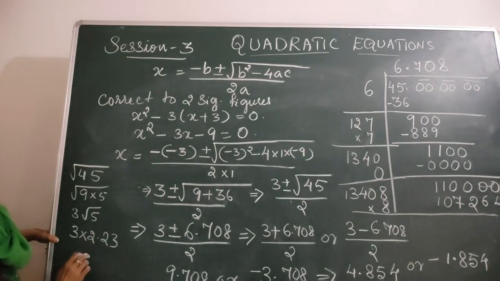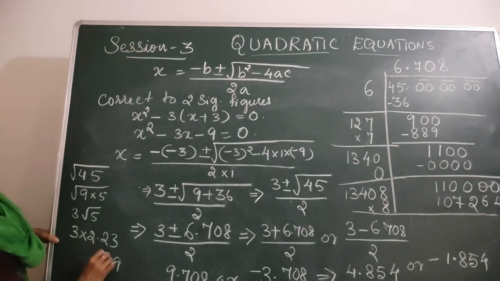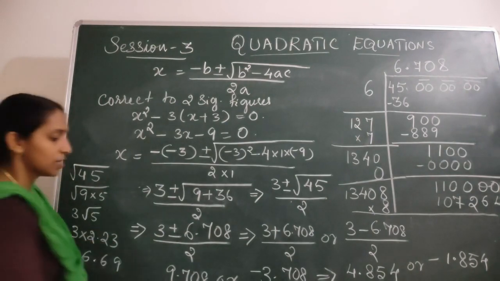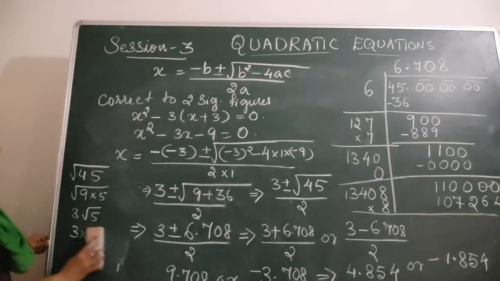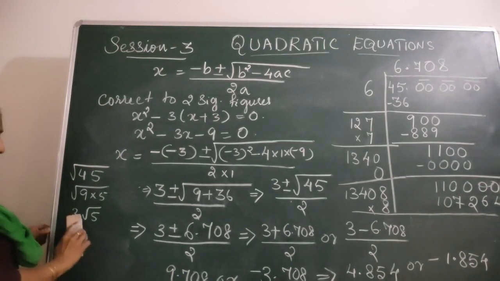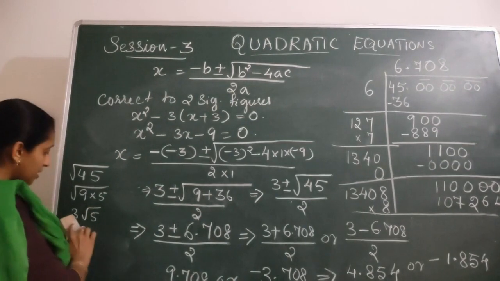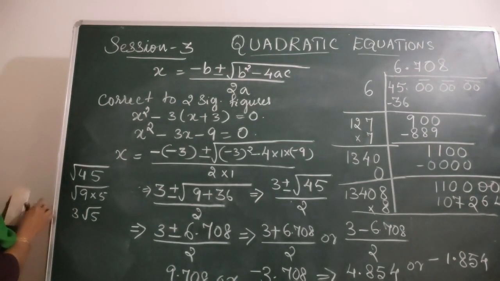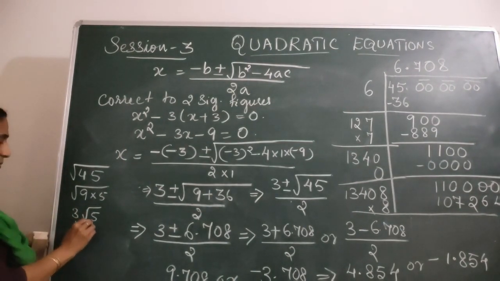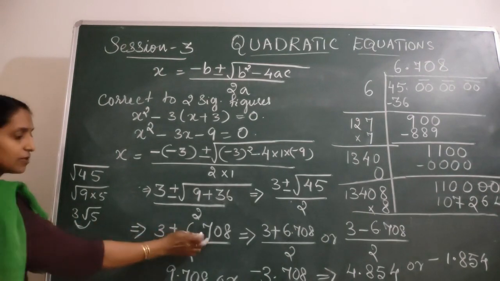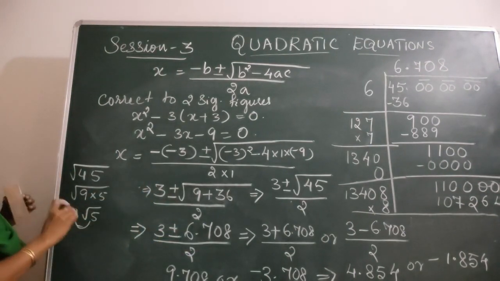3 plus, 2.203 maybe. So check out what is the under root 5 value. Then you can substitute the under root 5 value here, multiplied by 3. After taking out the under root 5 value, if you multiply it with 3, you will get the same value, 6.708.